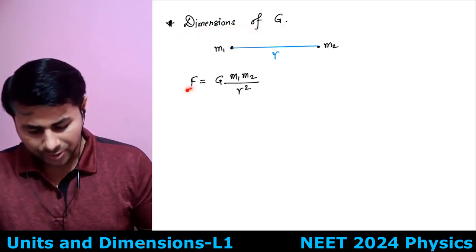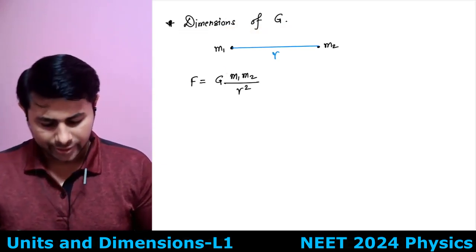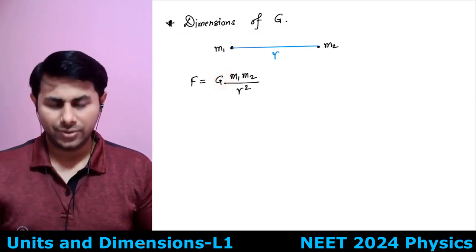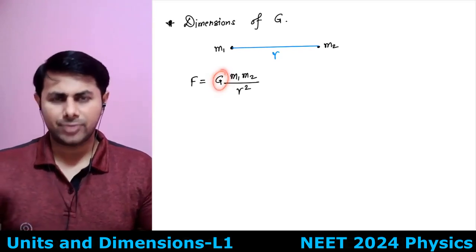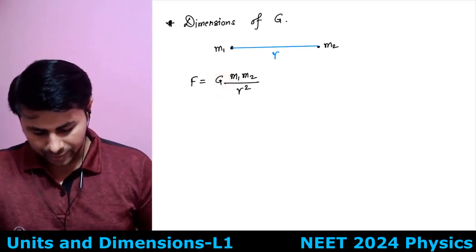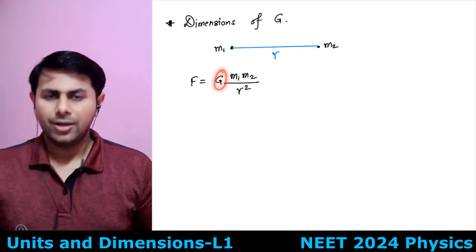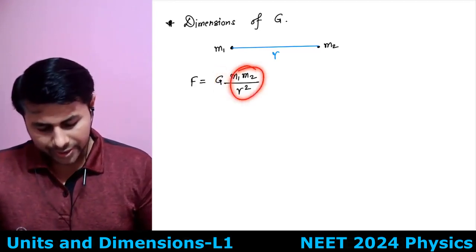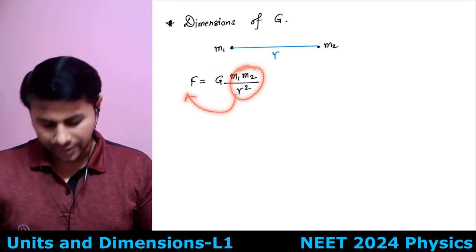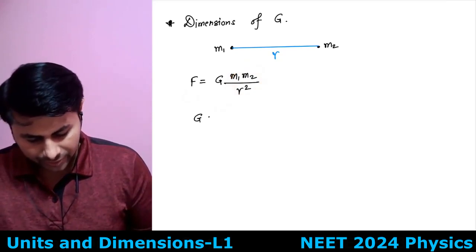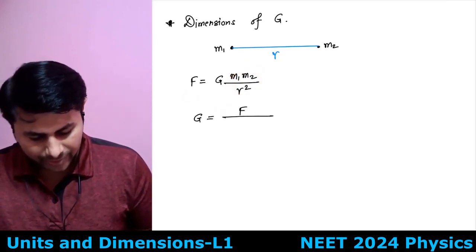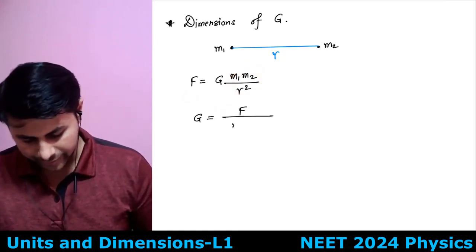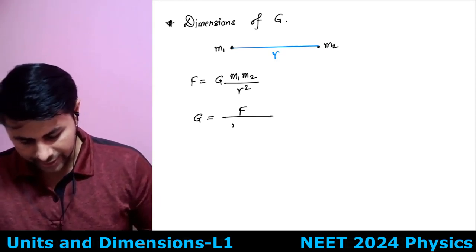So see, I know the formula which connects force with G, so I can find out the dimensions of G. Very simple. I want the dimensions of G, so I will take all other terms on the other side. I can write G equals F divided by what? I can take r square on this side.